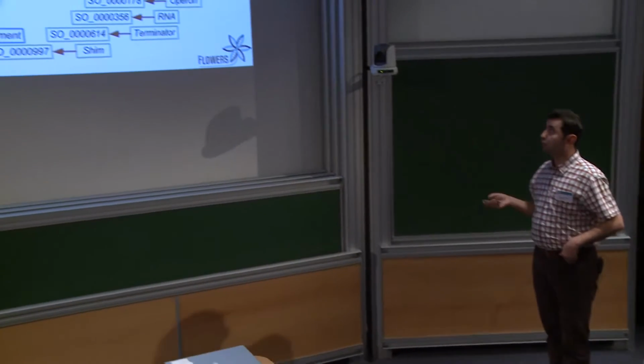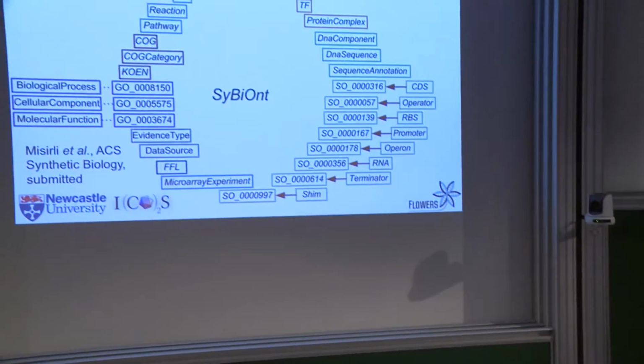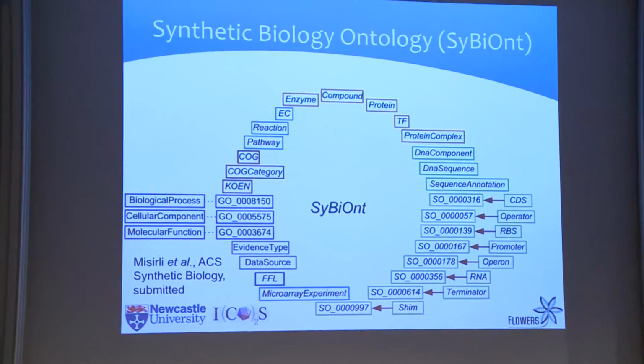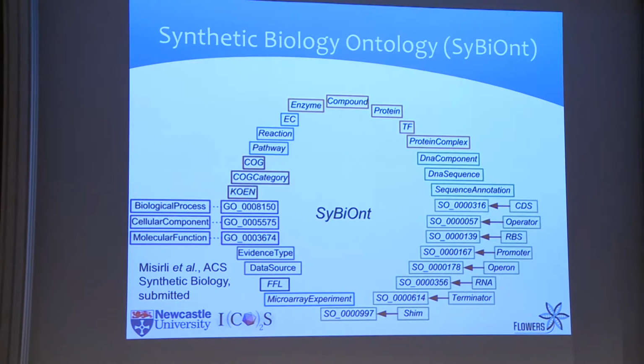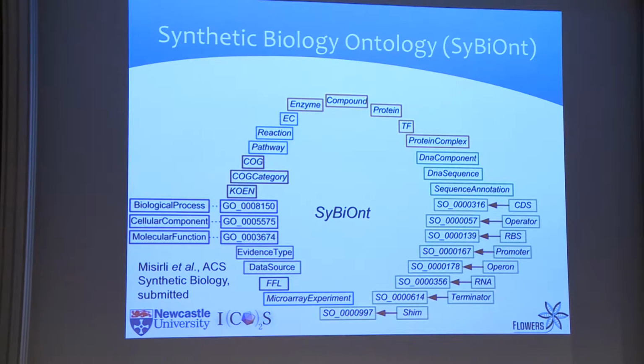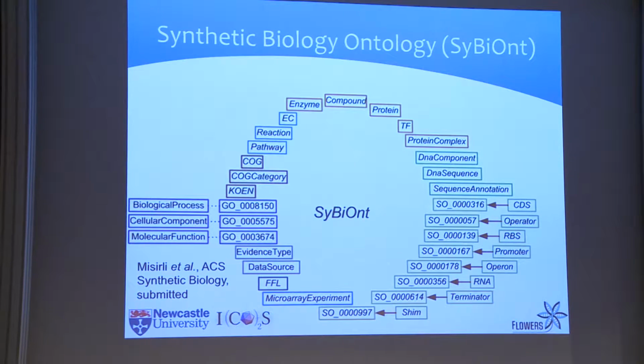So we came up with an ontology and we defined some terms. In this ontology, there are terms to describe basic biological parts such as operators, spacer sequences, or we call them shims, terminators, and so on. We also have types for other biological components, such as enzymes, compounds, proteins, transcription factors, protein complexes, and so on.